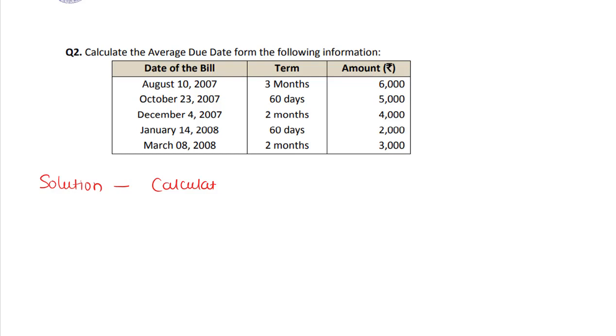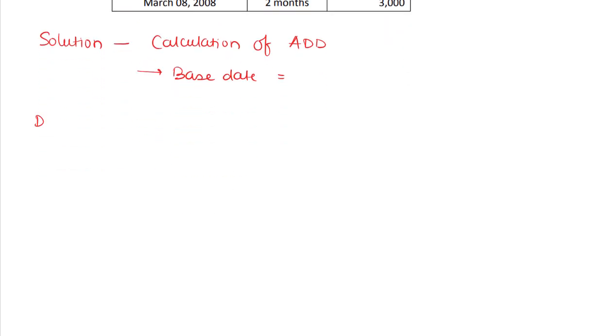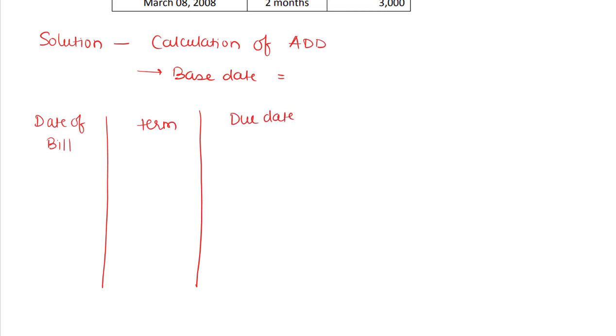Solution. Calculation of average due date. We need to select the base date first. Make these columns: date of bill, term which is given in the question, due date we need to find out.